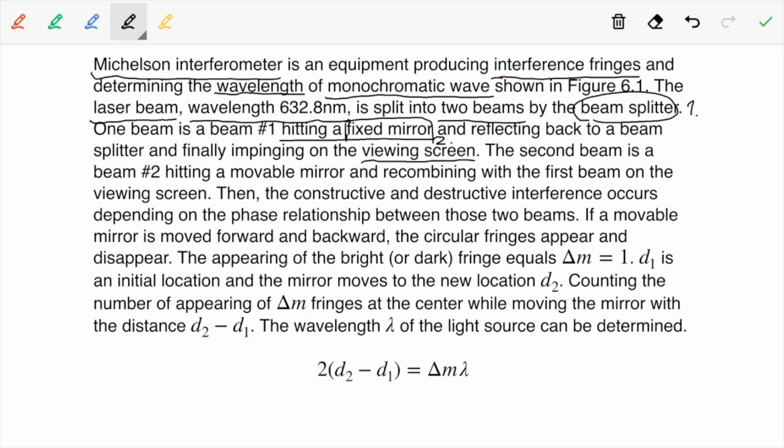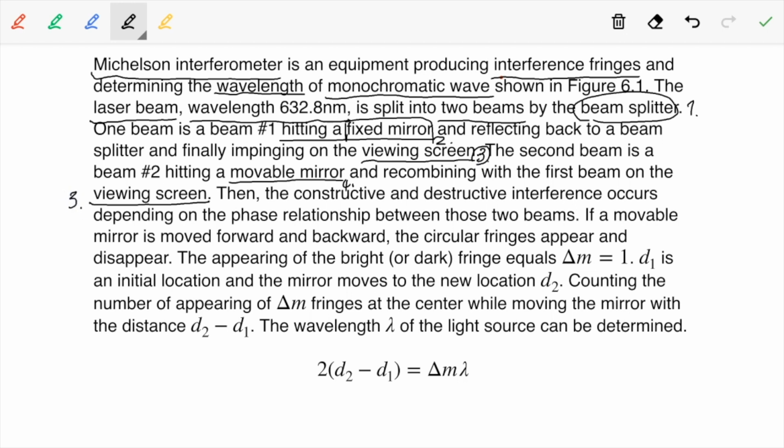The viewing screen is number 3. The second beam is beam number 2. It comes here, hitting the movable mirror, number 4, and recombines with the first beam on the viewing screen, number 3.